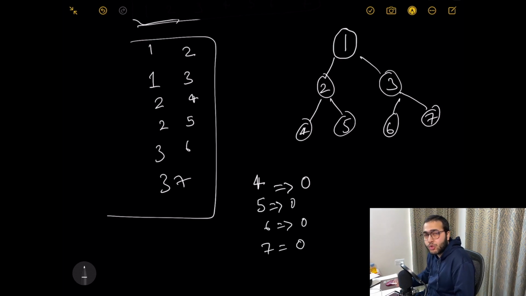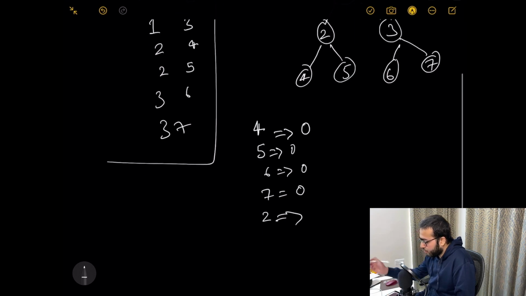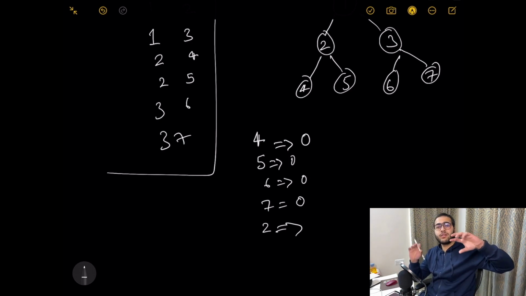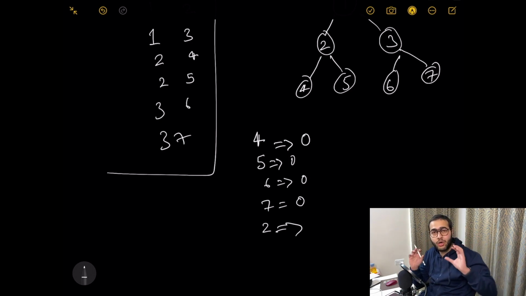Now we come to 2. For 2, I have 4 and 5 as its children. 4 is not a prime number, 5 is a prime number. So we ask all the children of 2, 4 and 5, how many of your children have prime values. 4 has 0, 5 has 0.